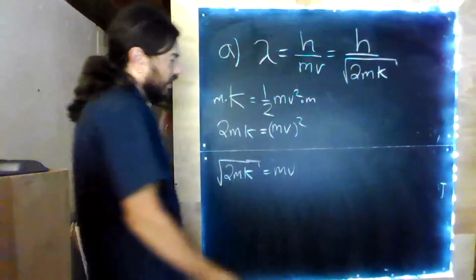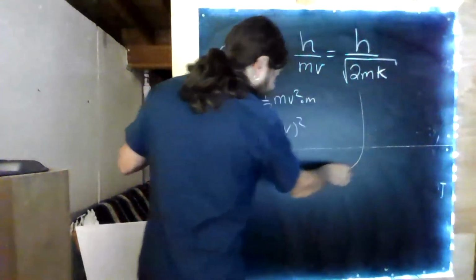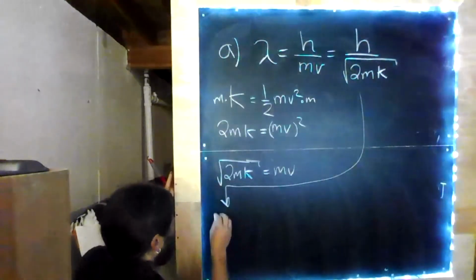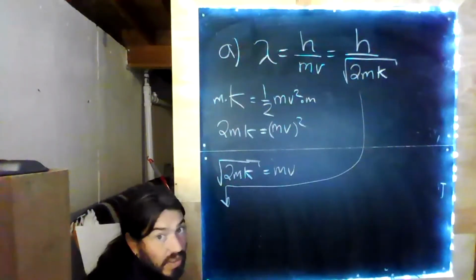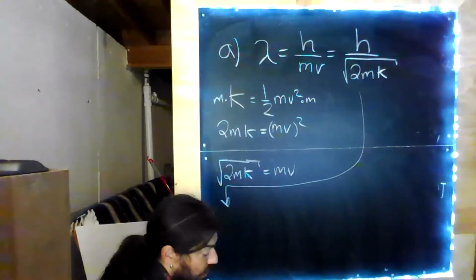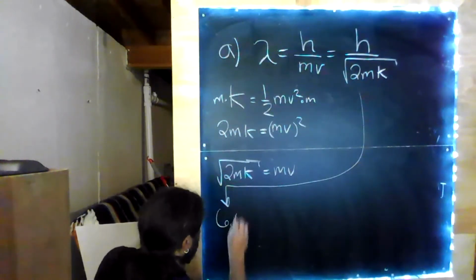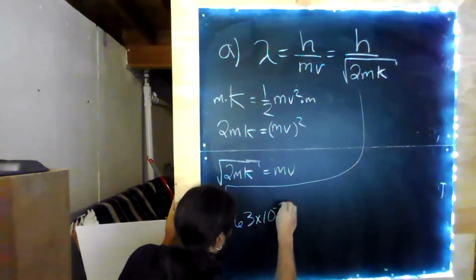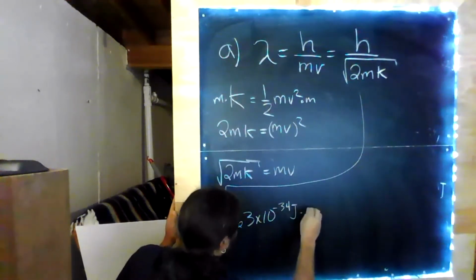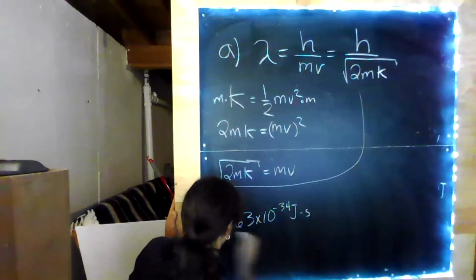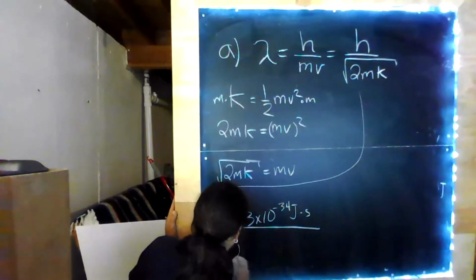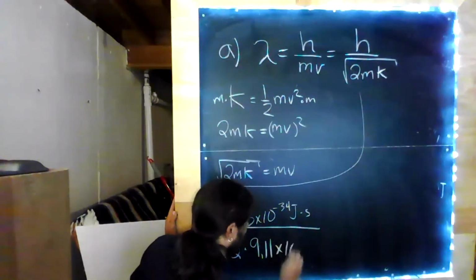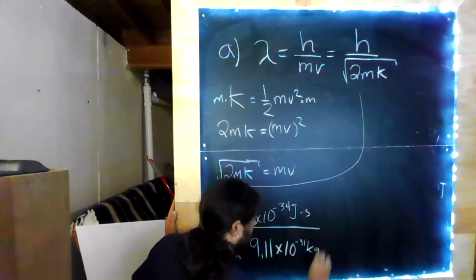And so now I can plug in some numbers. Let's go ahead down here and plug in numbers. H, well, I'm going to go ahead and use h in joule seconds. The mass of an electron, 9.11 times 10 to the negative 31 kilograms.